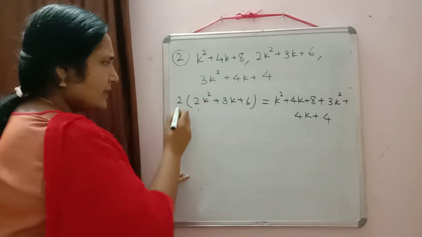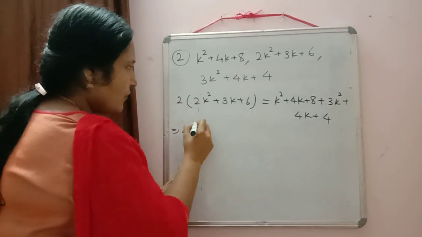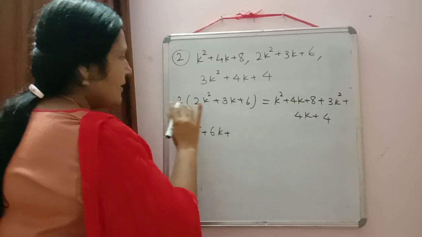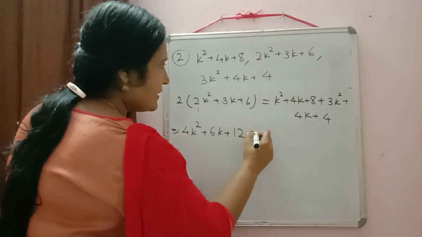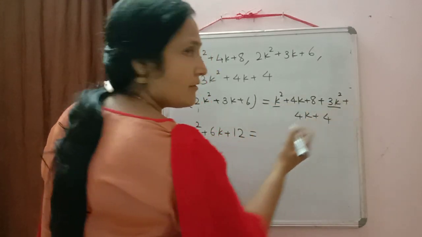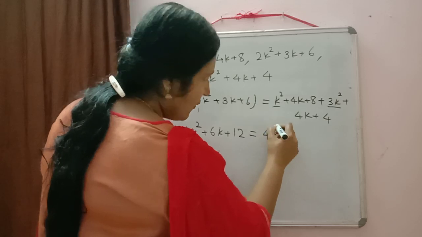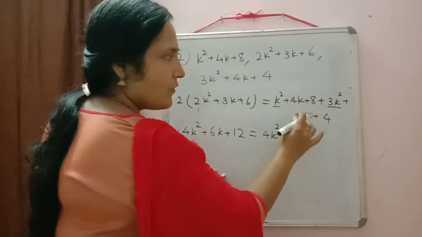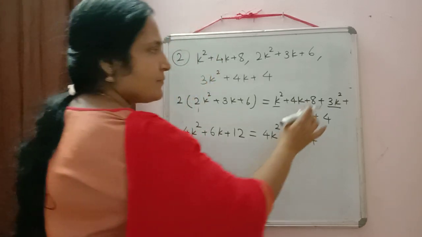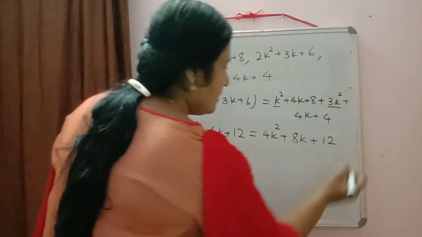We can multiply here. So 2 into 2, 4k square plus 2 into 3k, 6k plus 2 into 6, 12 is equal to k square plus 3k square will be equal to 4k square plus 4k plus 4k will be equal to 8k. 8 plus 4, 12.